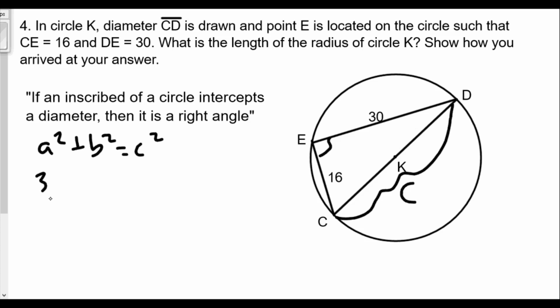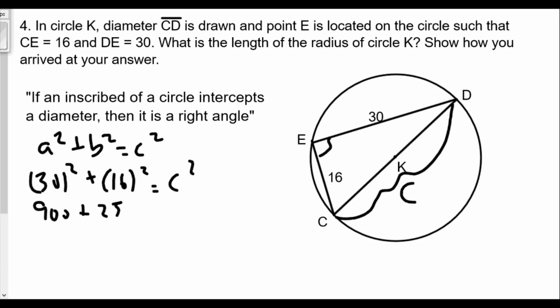So a will be 30, so it's 30 squared, plus b, which is 16 squared, equals c squared. 30 squared is 900, and 16 squared is 256. Add that together, you get 1,156 equals c squared.